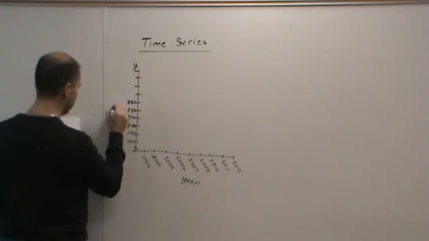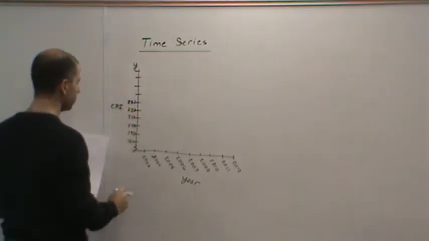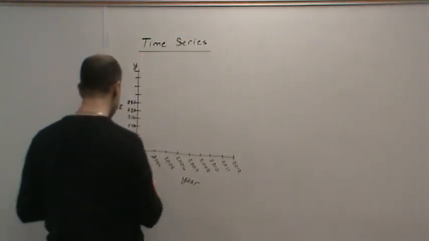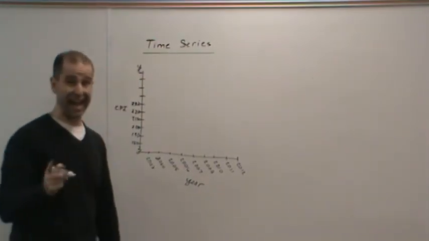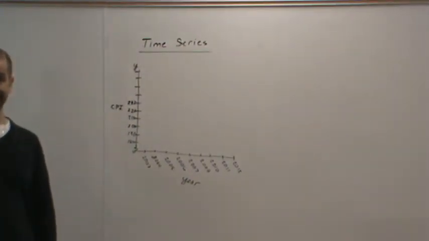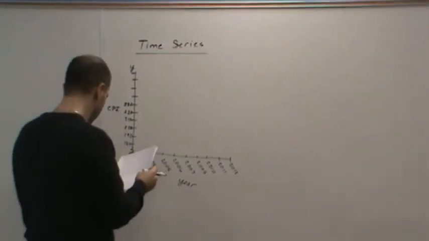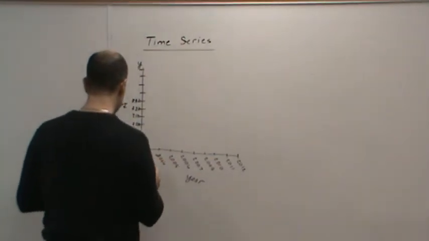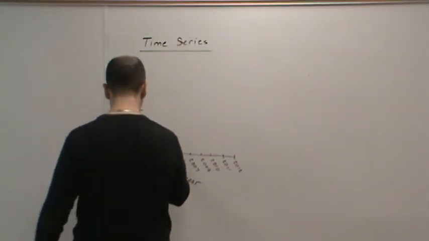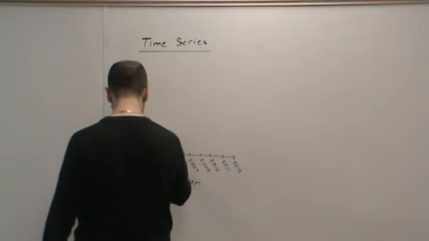Okay, and so this is CPI. And I'm going to plot, again, I'm going to just use a dot to represent the height. So at 2003, the CPI was 184, so I'm going to put it right about there.